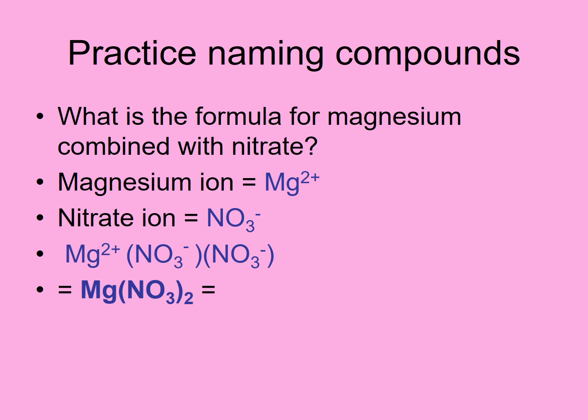Mg, parentheses, NO3, close parentheses, with a little 2 outside. That 2 means you have 2 nitrate groups for every 1 magnesium ion. Again, you'll notice the name is magnesium, the same as the metal, and nitrate, the same as the polyatomic ion. You don't have to tell how many nitrates there are. You just name it.